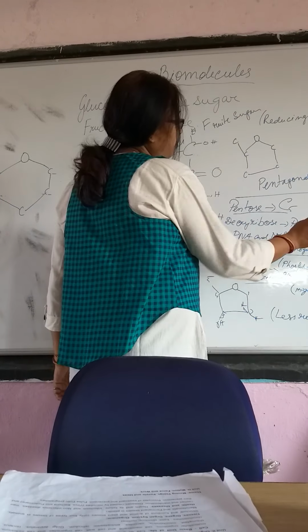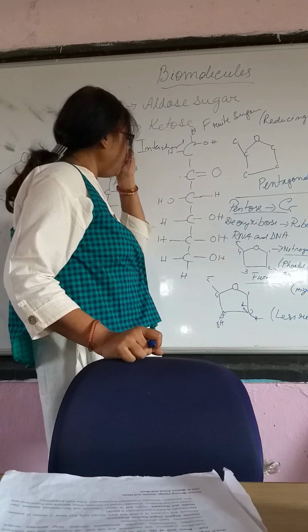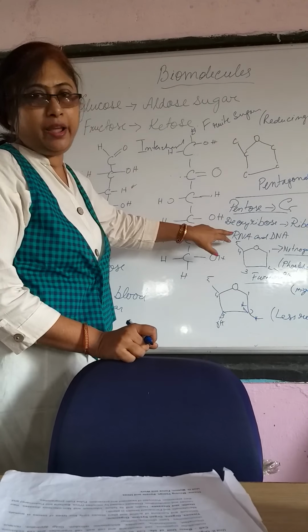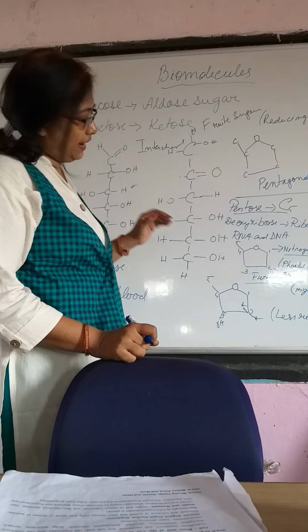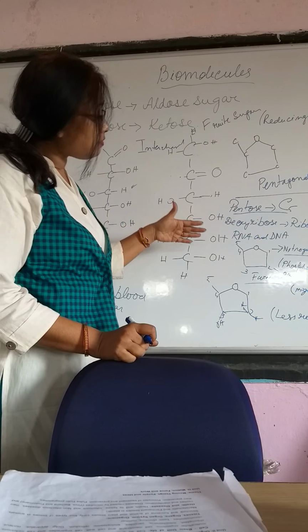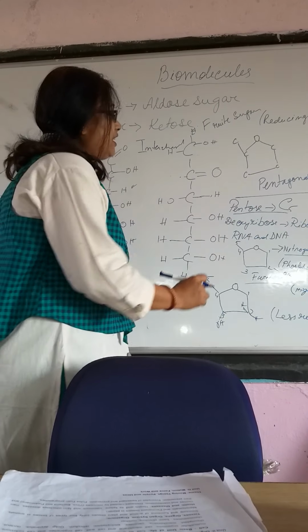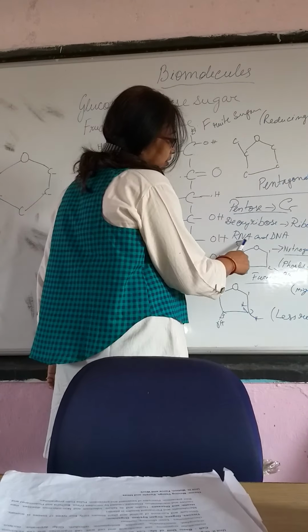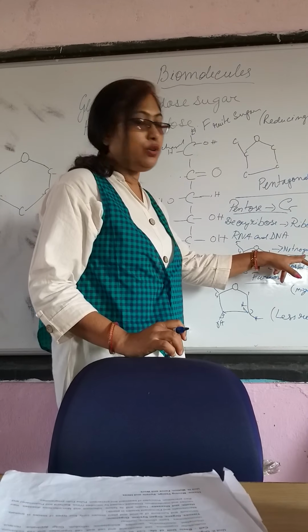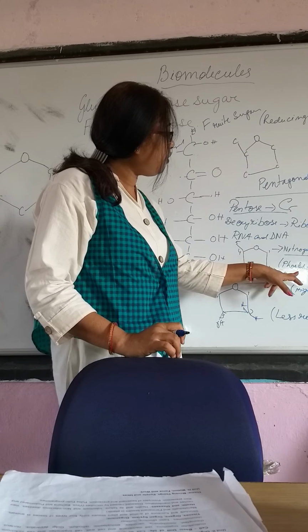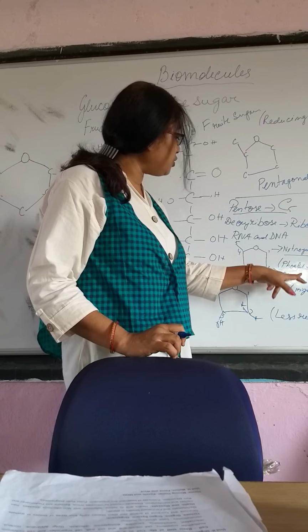In biomolecules we have 2 different types of ribose. One is in RNA and the other is in DNA. RNA is known as ribonucleic acid. Nucleic acid means it has a nitrogenous base and a phosphoric acid bond attached to it.